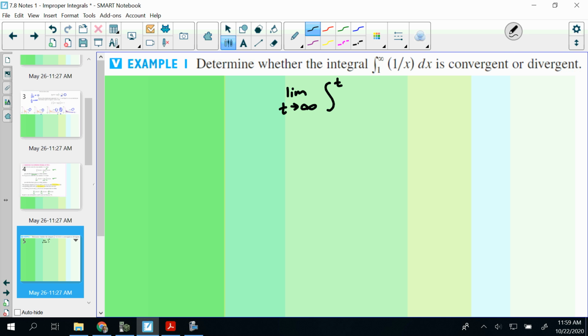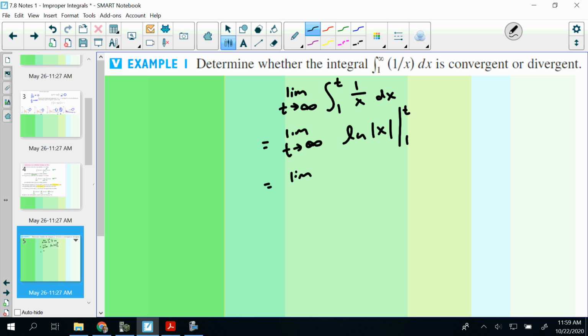And we're replacing that infinity with a t here of 1 over x dx. All right, so next we're going to find the antiderivative here, and we know the antiderivative of 1 over x is natural log. So this is going to be the natural log of the absolute value of x evaluated at both t and 1.